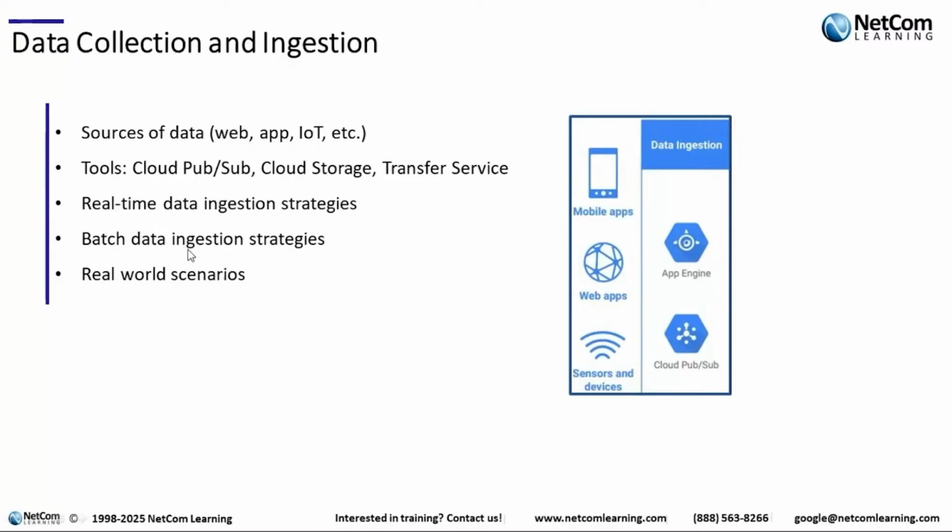So in this scenario, the cloud storage uploads would be implemented to allow ingestion of this batch data into the GCP ecosystem. Another example of the ingestion strategy for the batch data includes the BigQuery data transfer service.